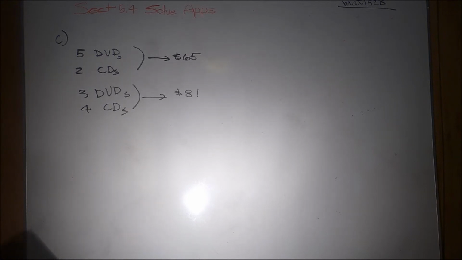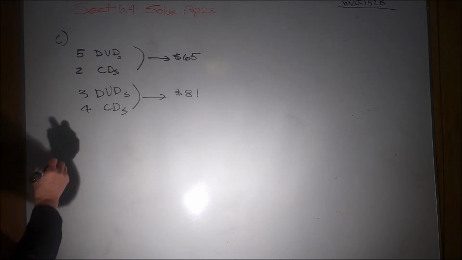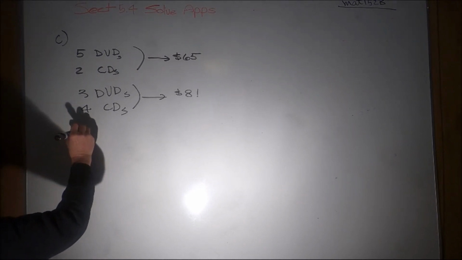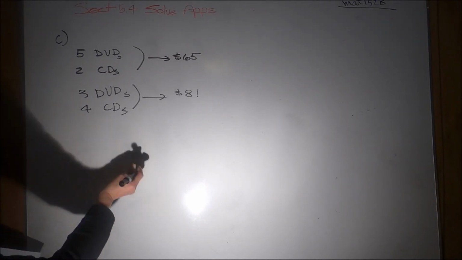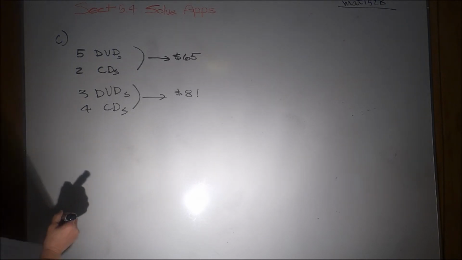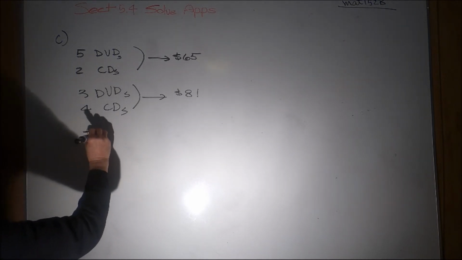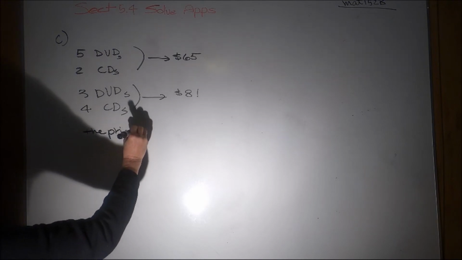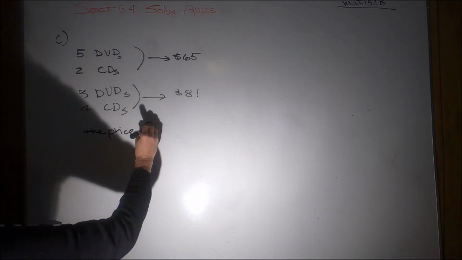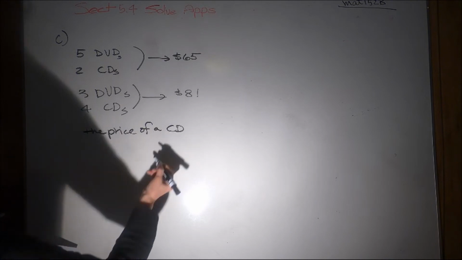So how should we start? First, you declare the things you want to find. So what we want to find is what? Identify them, right? We want to find the price of the CD, right?